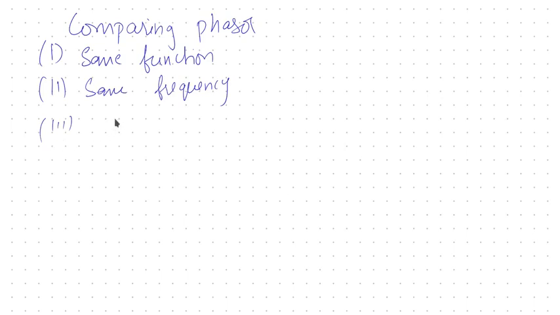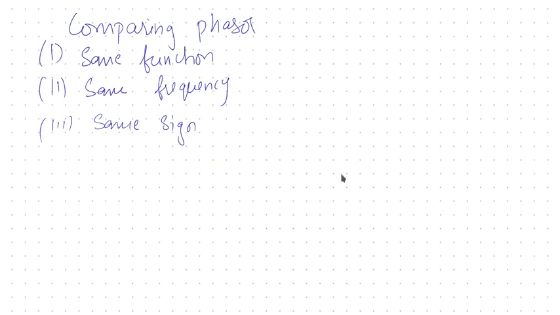And both of them should have the same sign, not amplitude, sign. As in, both of them should be plus Vm sine(omega t plus phi). You cannot compare plus and minus, although you can, but it will be simpler if you just choose the sign to be the same.